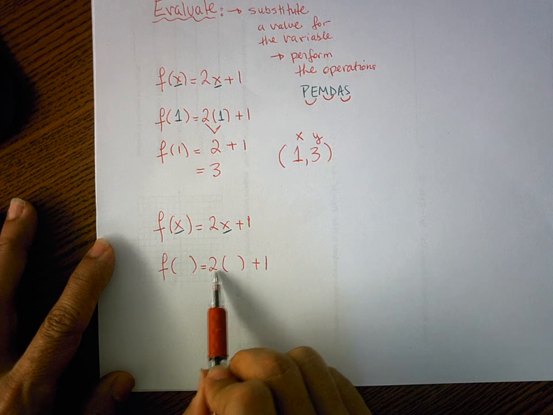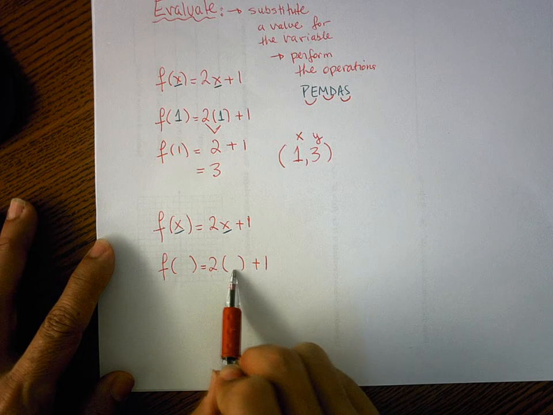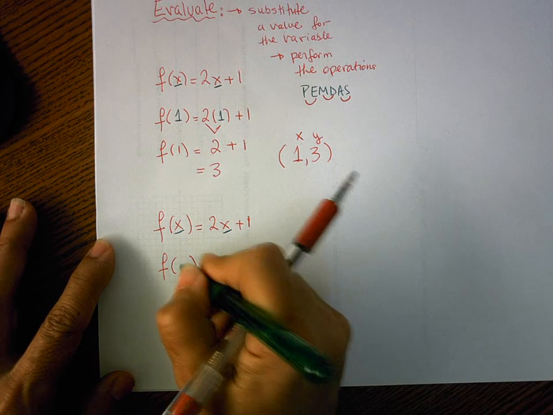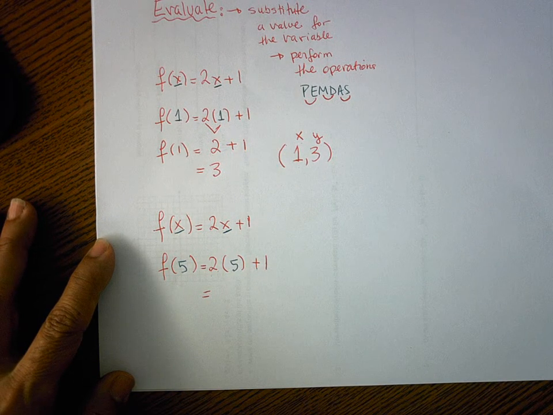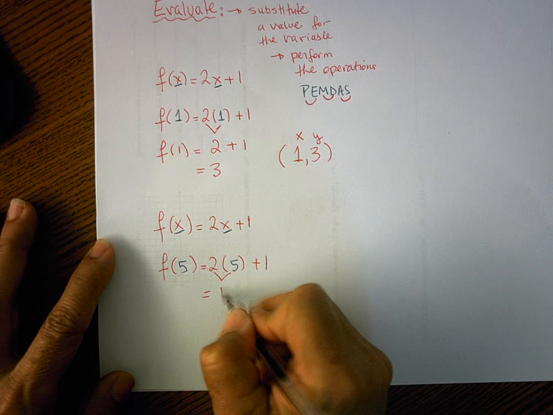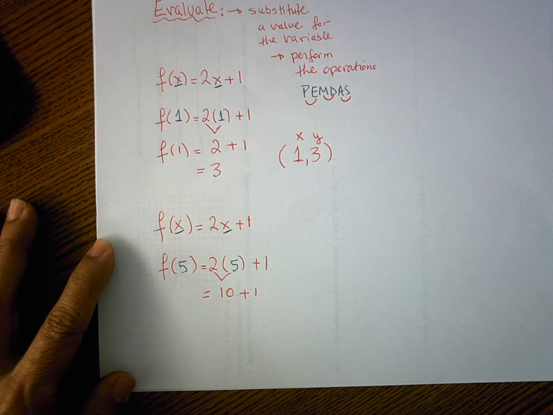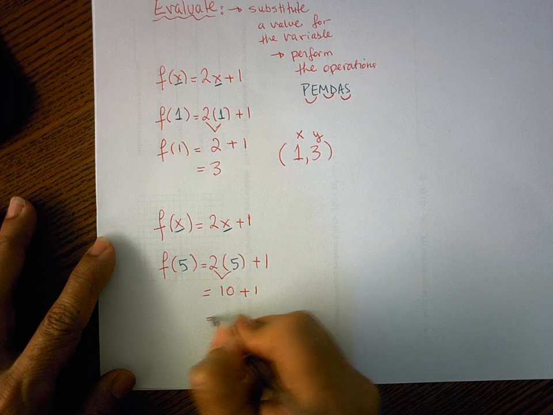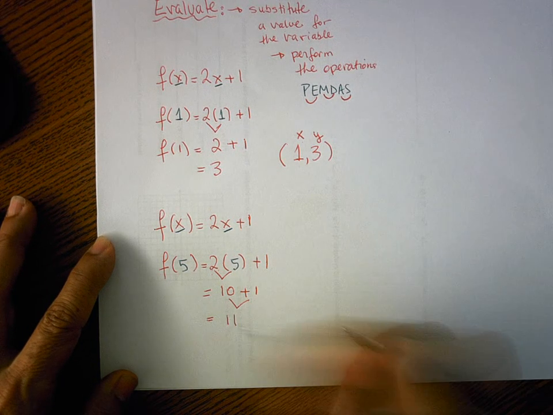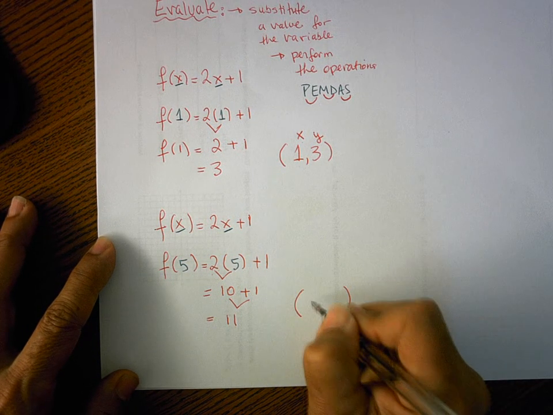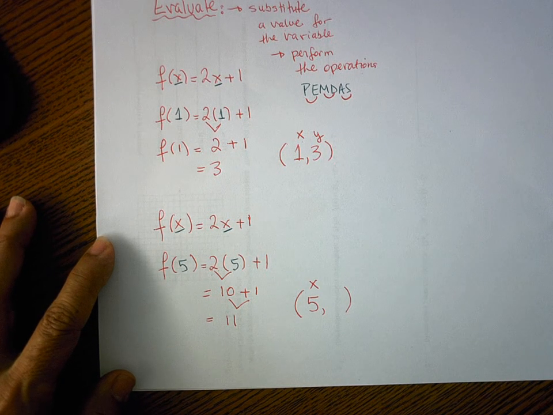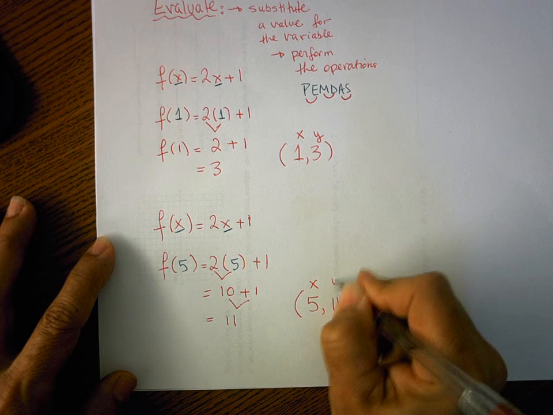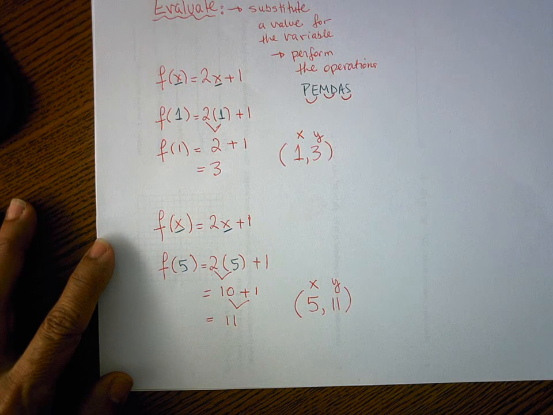So this right here is the operation, 2 times whatever plus 1, okay? Let's plug in a 5. If I plug in a 5 in the place of x, the first thing I'll do is multiply, order of operations here first. 2 times 5 is 10, then I'll add 1, okay? And then I finish the operations, 10 plus 1 is 11. If I am to show this as an ordered pair, I plugged in 5 for x, and the output is 11 for y. Okay, that's what evaluate means.